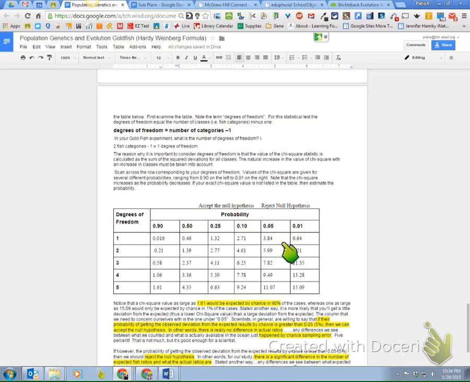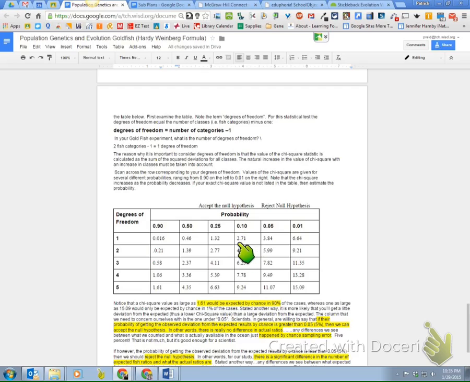Any chi-squared value on the right side is due to something other than chance. So again, anything on the left side, we accept the null hypothesis, saying it is merely due to chance. Any value on the right side is due to something other than chance, some kind of mutation, selective breeding, something like that.